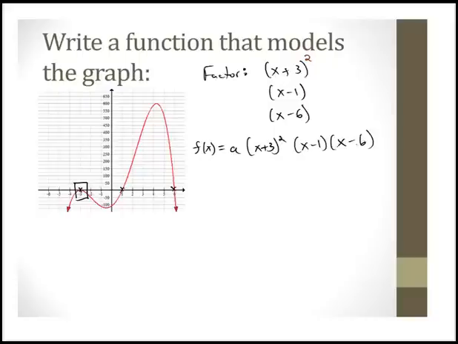Now I need to use a test point, and sometimes it's difficult to find a reasonable test point. I'm going to try to use the y-intercept, and it's just going to come close, okay?